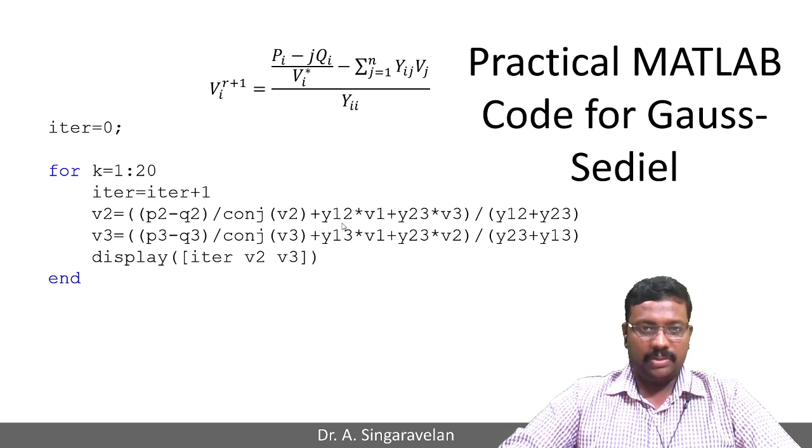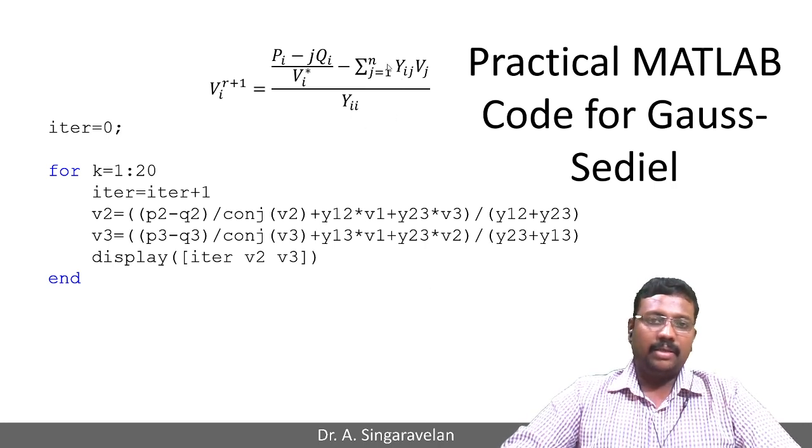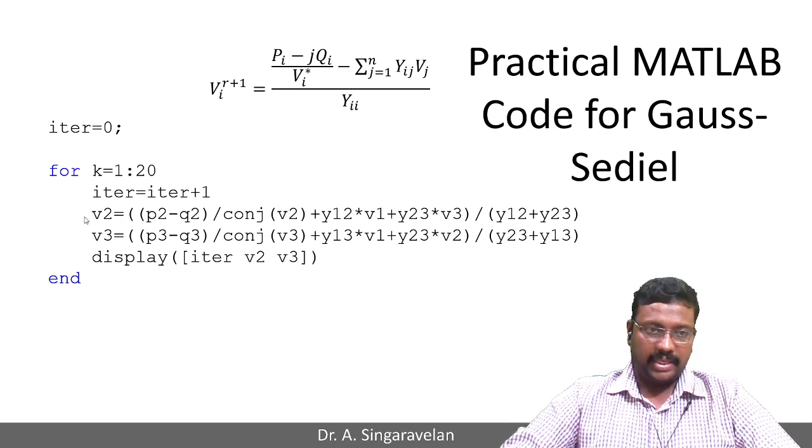Why Y12? Because it is between buses 2 and 1, or 1 and 2, both are the same. It is multiplied with V1, which is given in the question, that is Vj, plus Y23.